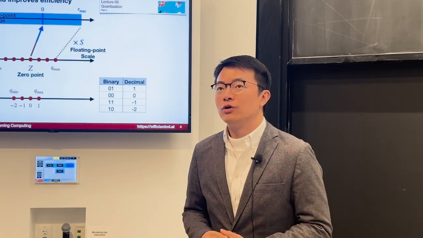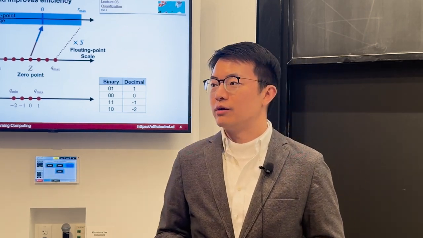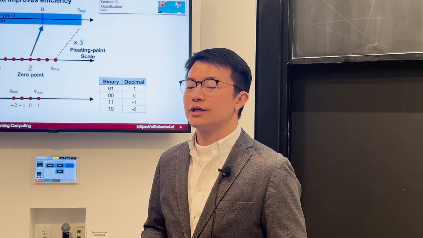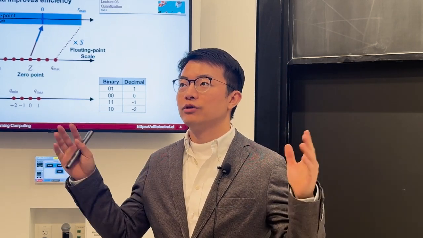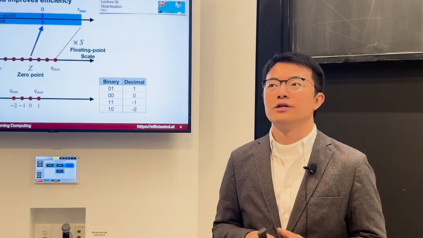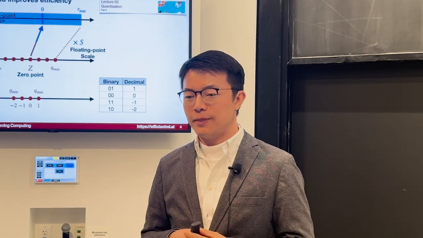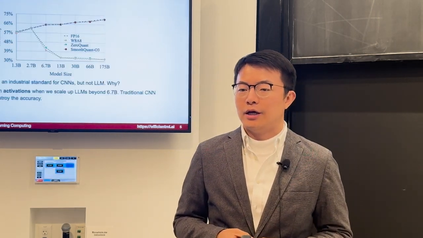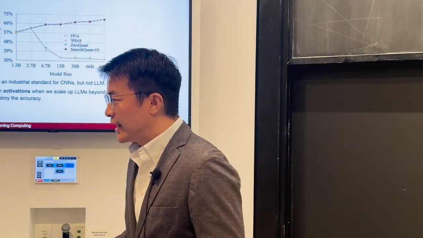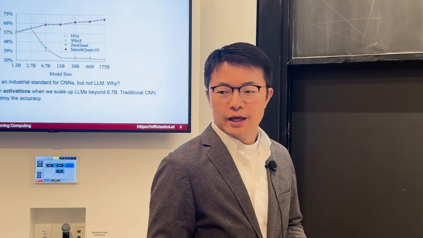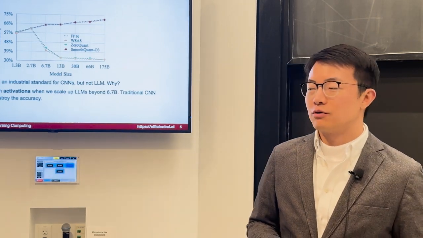A brief overview of quantization. We briefly chatted about quantization in lecture 5 and also lecture 6. We can cast a floating point number into an integer, from using 16-bit to using only 4-bit. Lots of the quantization techniques, including what we learned in lecture 4 and lecture 5, do not quite apply to large language models.